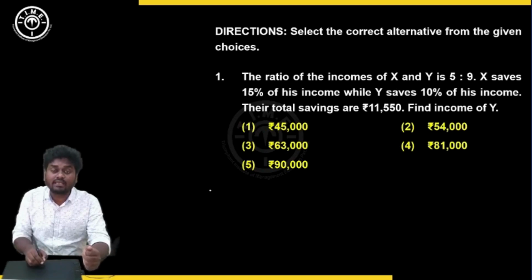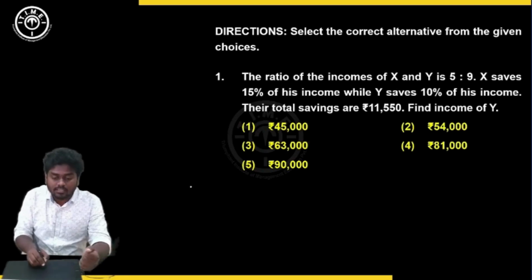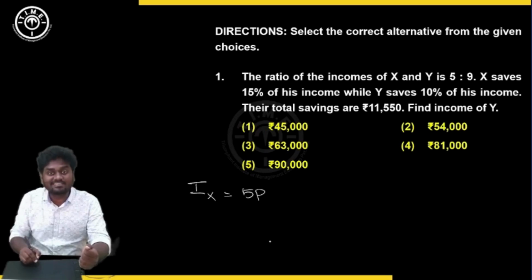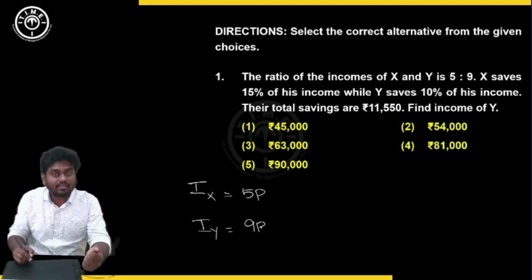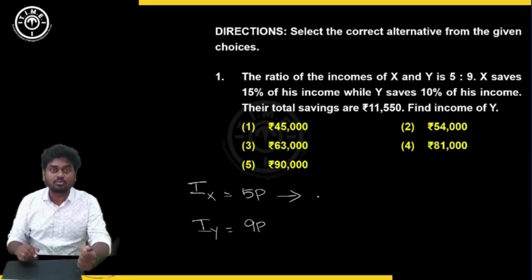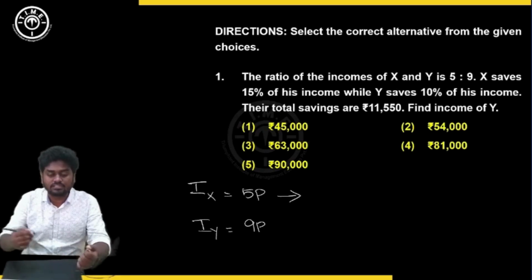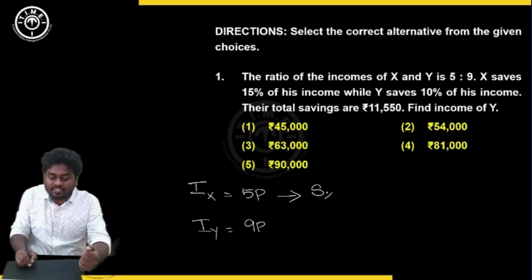The ratio of incomes of X and Y. For example, if I take the income of X as 5p, then the income of Y will obviously be 9p, correct? So the savings of X is 15% of his income, which is 15% of 5p.